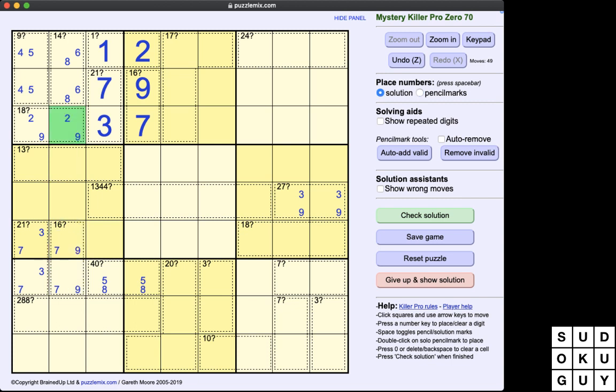Okay, so now this tells us, because one of these has to be a 9, this can't be a 9. That tells us which way those go. That's supposed to be a 9.